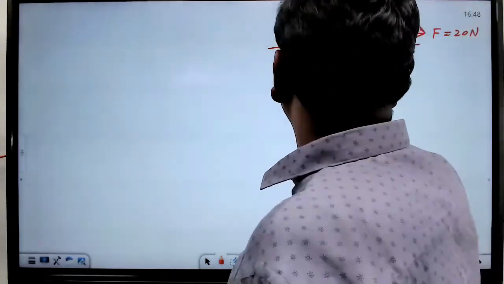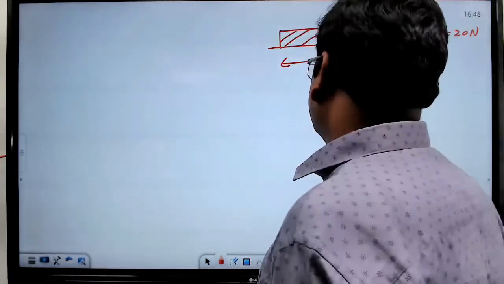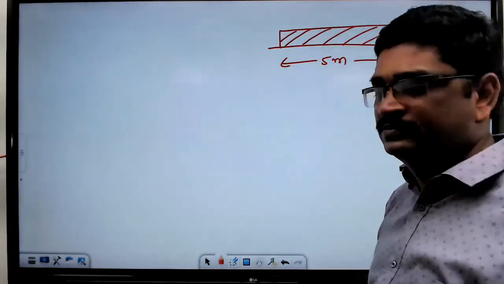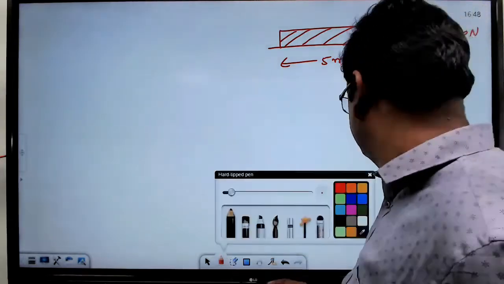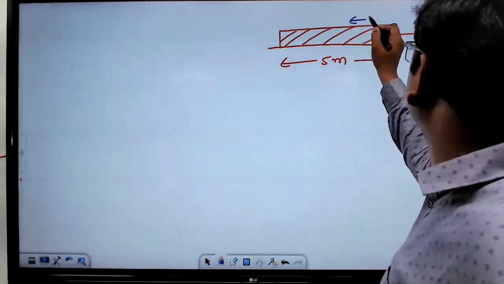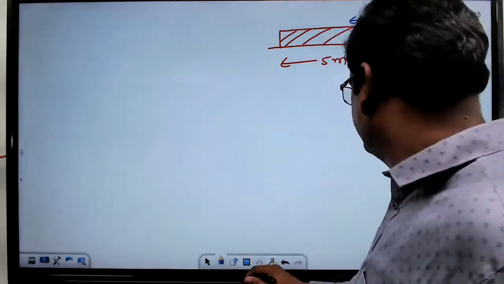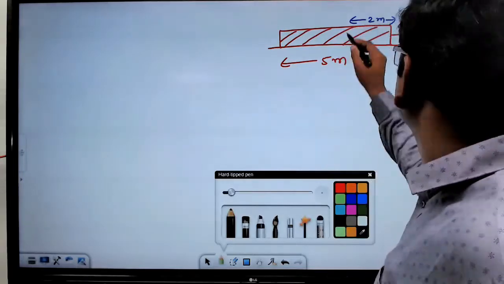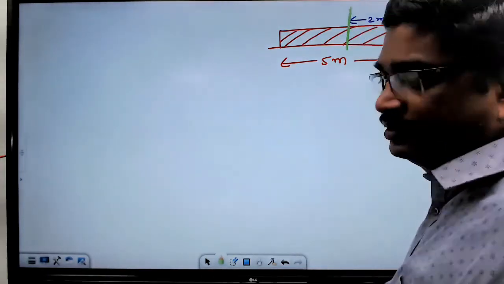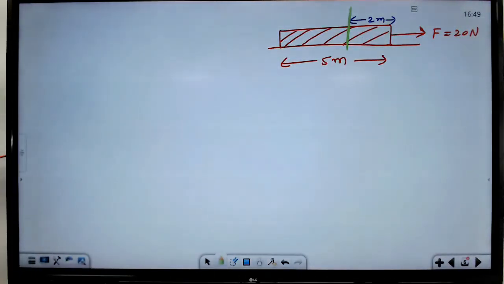So what is the length of this one? 5 meters. Now where we need to calculate force or tension in the string? 2 meter from force end. Assume that this is the 2 meter length. So at this location we need to calculate tension.